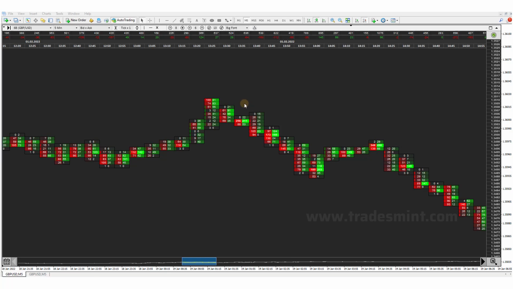So each cell or each cluster represents traded volume, and these are executed orders. There aren't any pending orders, limit orders. These we can see on the depth of market chart, which I honestly don't use anymore.